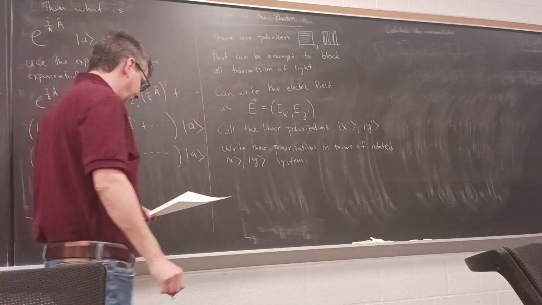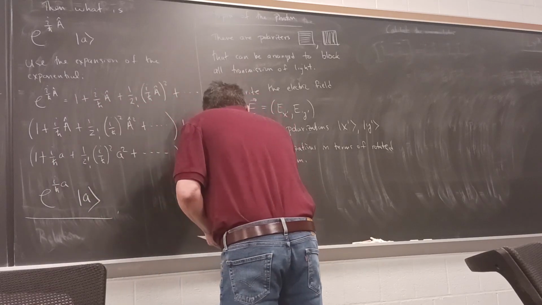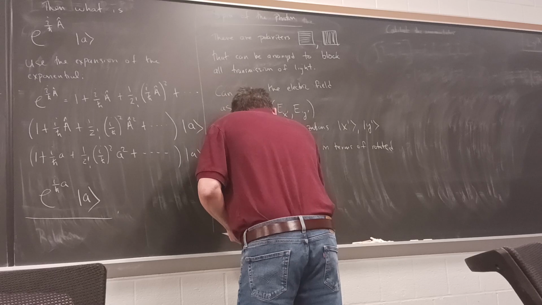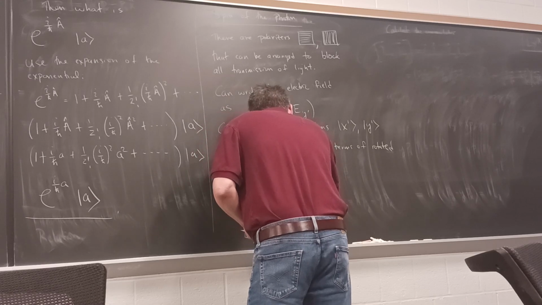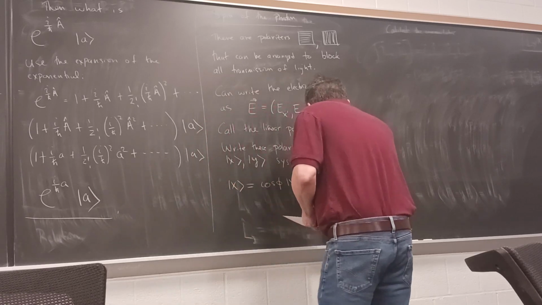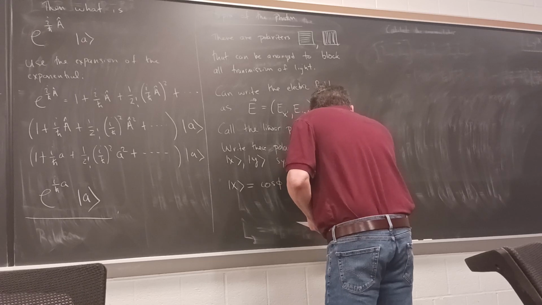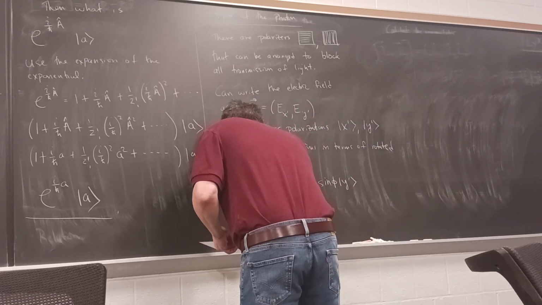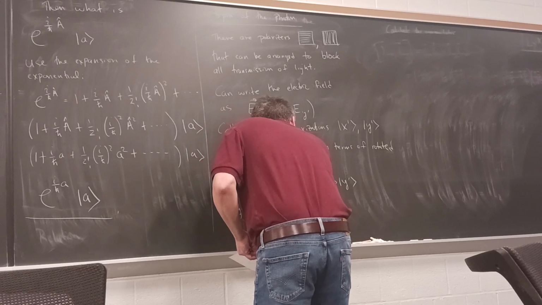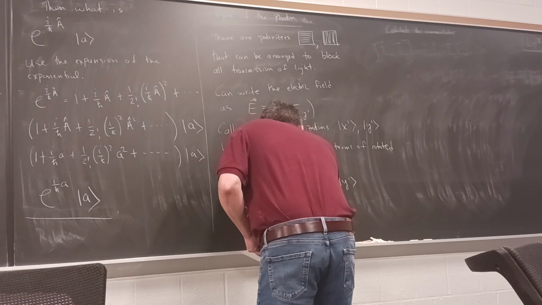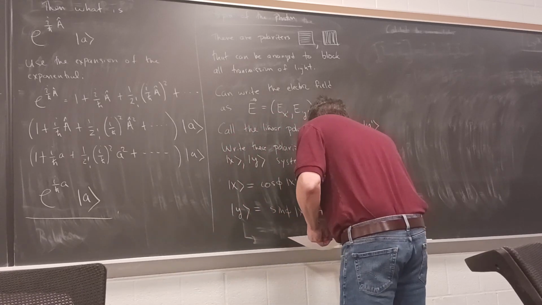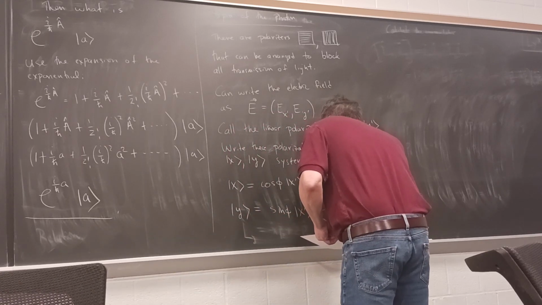And let's write that then as x is equal to cosine phi x prime minus sine phi y prime, and y is equal to sine phi x prime plus cosine phi y prime.